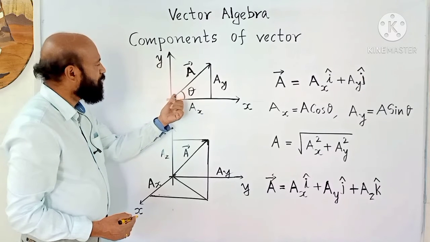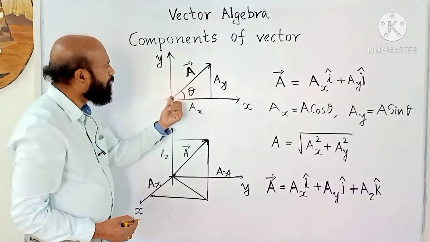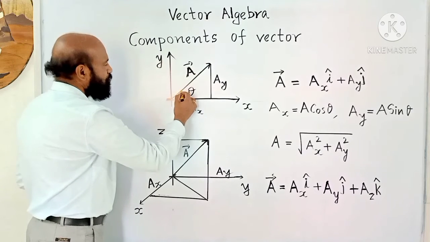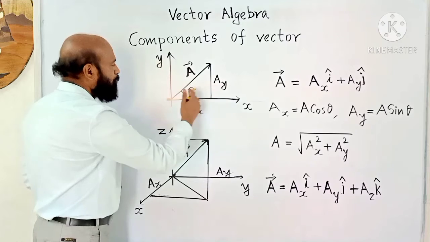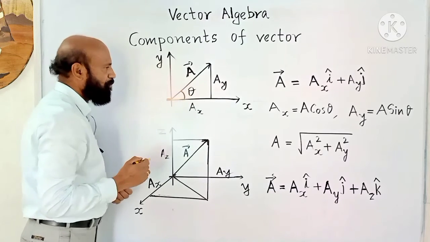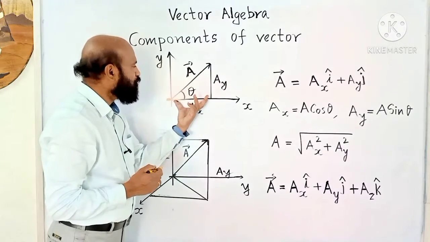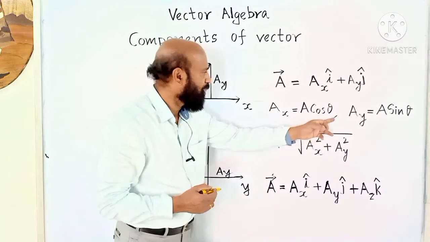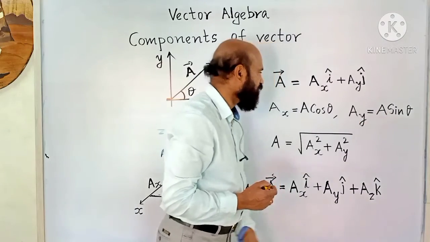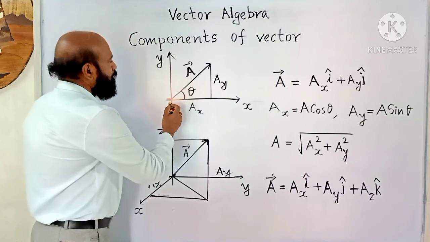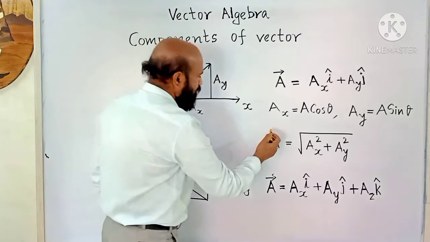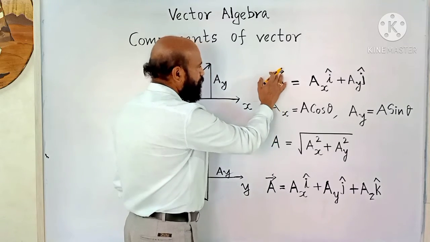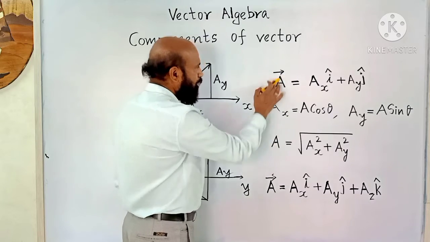Now here you can see the angle made by the vector with the x-axis is theta. So this component ax is A cos theta, and ay is A sin theta. The magnitude of a vector can be written as A; the arrow mark is not there.